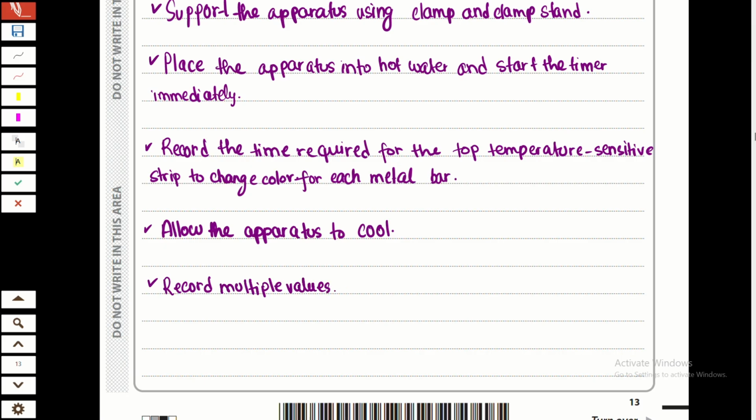Record multiple values of time by repeating the experiment for each metal bar.